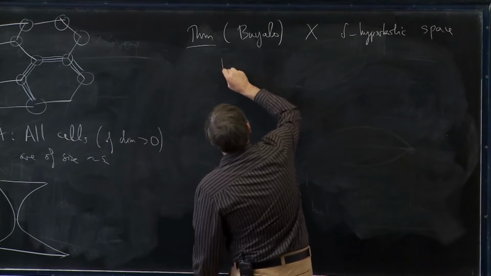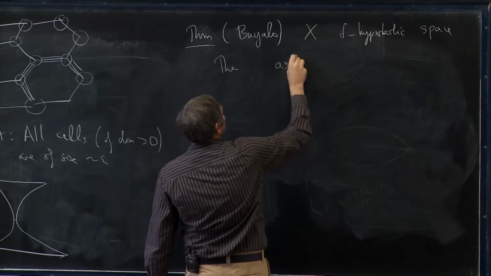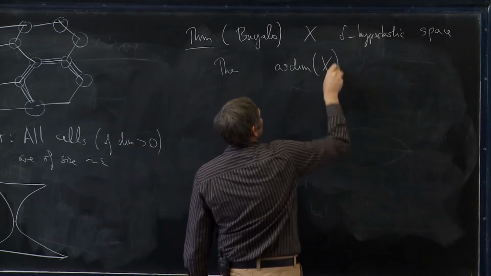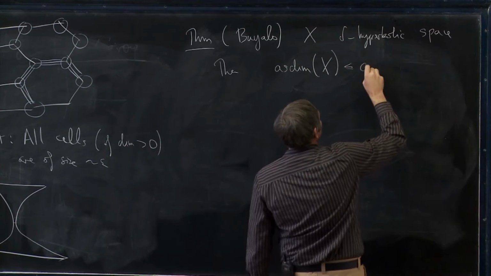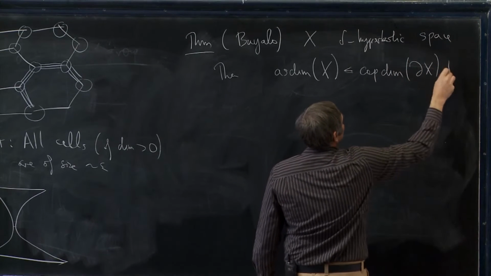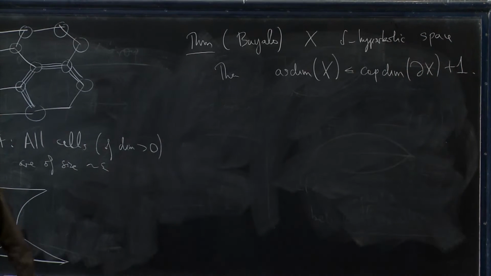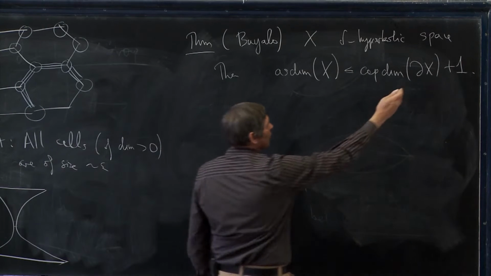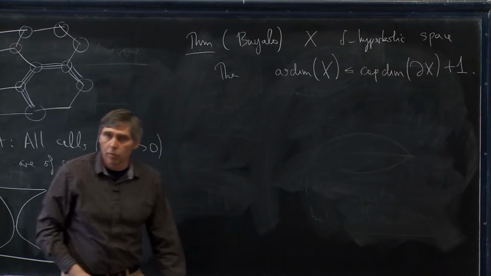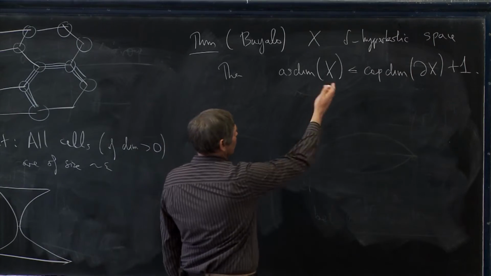Then the asymptotic dimension of x is less than or equal to the capacity dimension of its boundary plus 1, where the metric on the boundary is the visual metric. So the boundary of x, this is just the Gromov boundary of this hyperbolic space, is equipped with the visual metric. And you can look at its capacity dimension, and then there's this inequality.